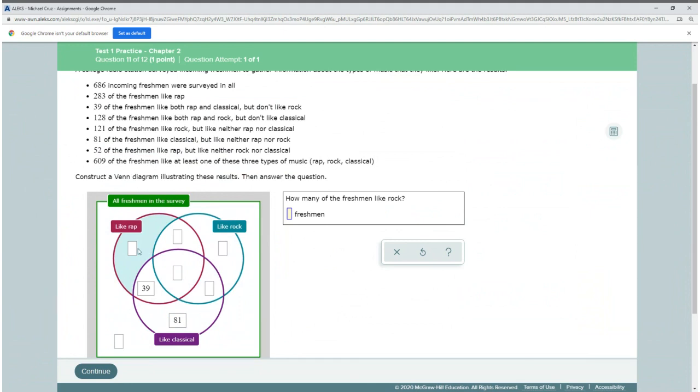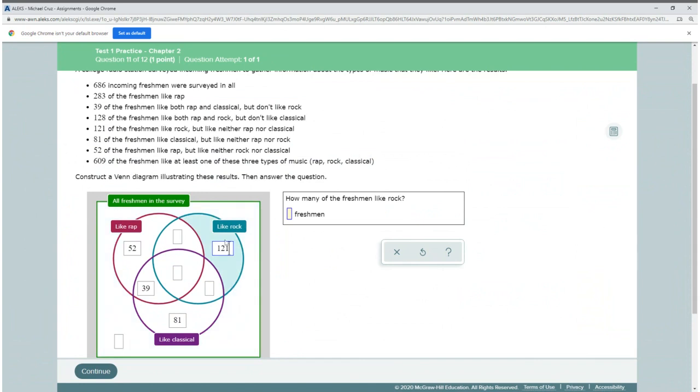All right, I wish we could take these out because they're just confusing. So we got rid of these two. So I think what we want is here. 121 like rock, but neither rap nor classical. So 121 like rock only. All right, so we use these two.